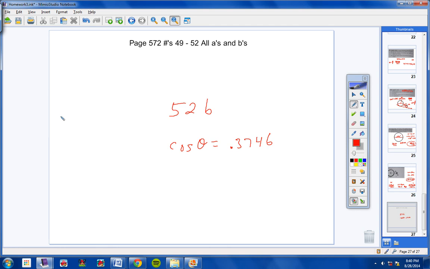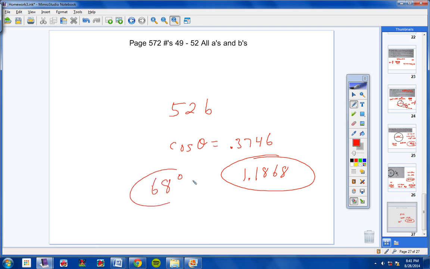Inverse cosine 0.3746, and the radian answer is 1.1868. And then the degree answer, let's go to our mode real quick and change it over to degrees, and inverse cosine 0.3746, and the degrees would be 68.000407444. So I'm just going to say 68 degrees.